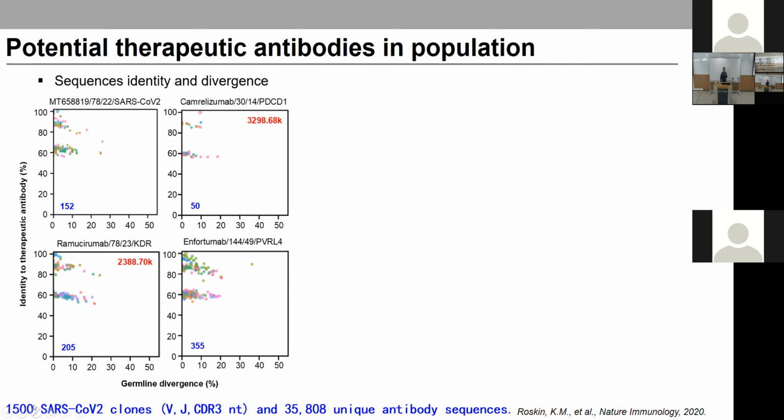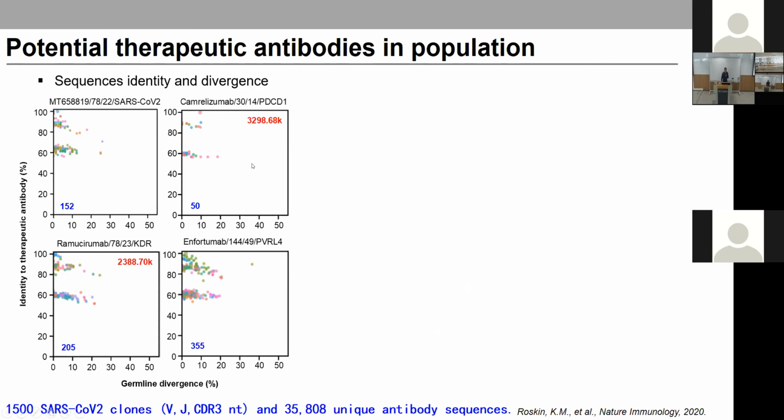For all the COVID-19 antibodies we reported, we now found 1,500 neutralizing clones, which constitute 35,000 unique antibody sequences.